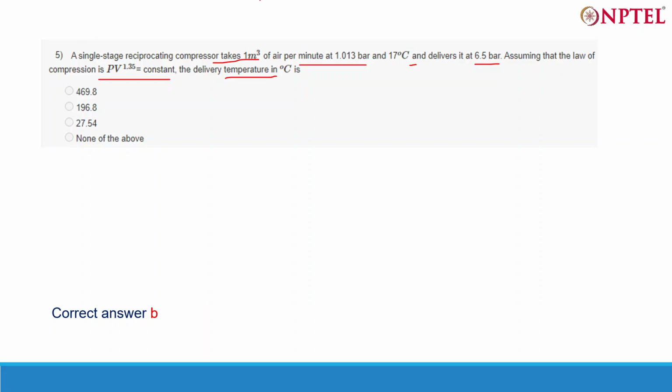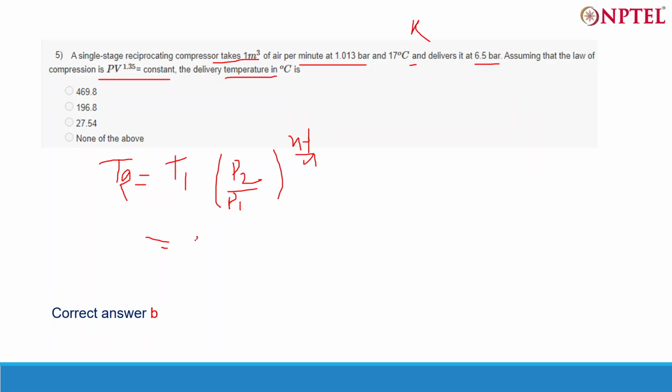The formula required is T2 equals T1 into P2 upon P1 to the power n minus 1 upon n. Where do you get the n value? PV to the power n is constant, so you get n. The precaution here is to put all values in Kelvin, not Celsius.